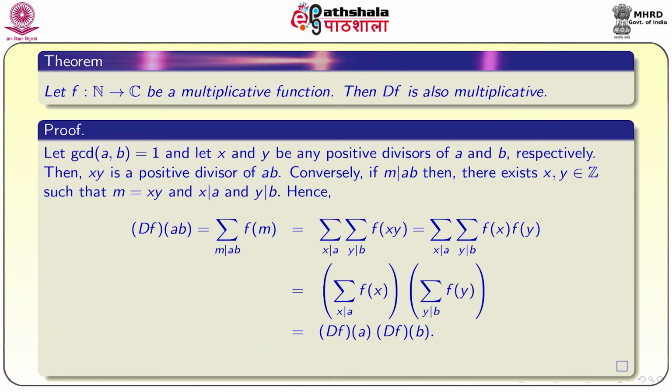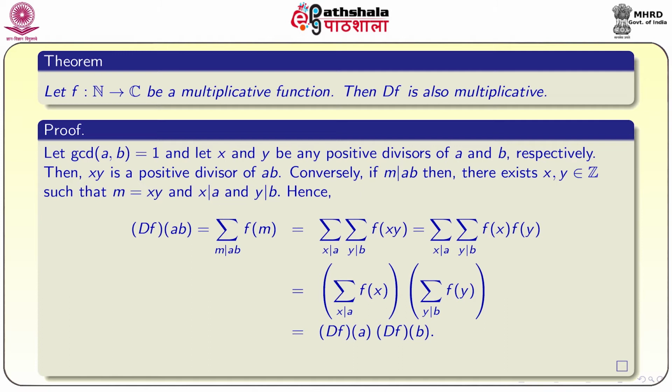Now, we will see that if f is a multiplicative function, then Df is also multiplicative. Recall that Df is the divisor sum of f. The proof goes very easily. Let us take two integers a, b with GCD of a, b equal to 1.